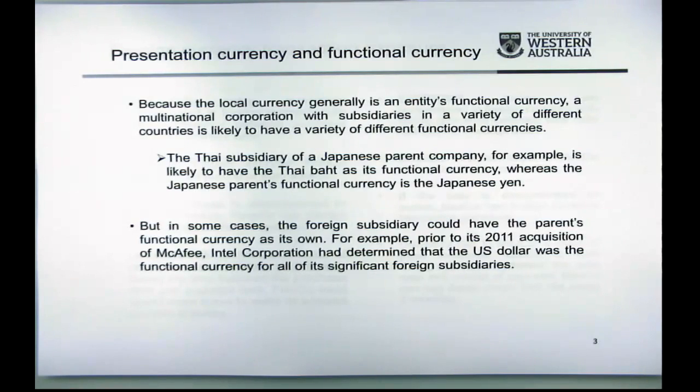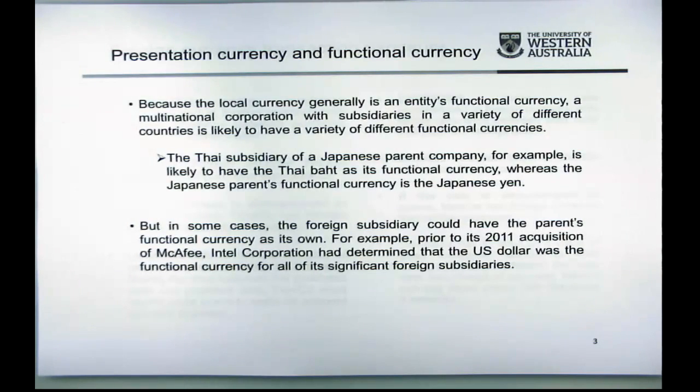So one side of the transaction, or maybe both in some cases, would be subject to fluctuations in the exchange rate. This problem is called foreign currency transaction exposure. We will discuss it in greater detail shortly.